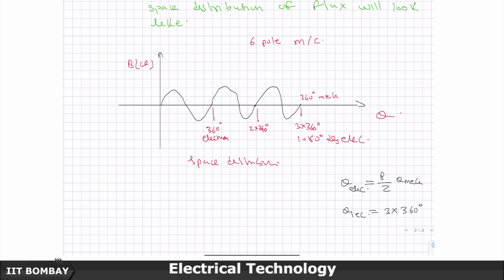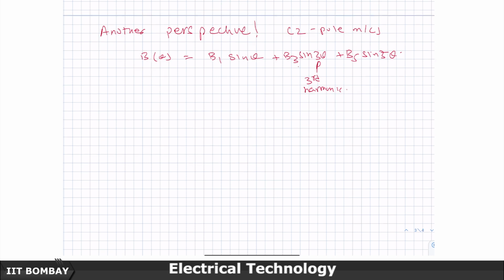But whether it is sine or cos, sometimes I can write it like this also. This is what a typical waveform will be, and sine or cos just depends upon where I put the theta, but this is to say that this is the third harmonic.